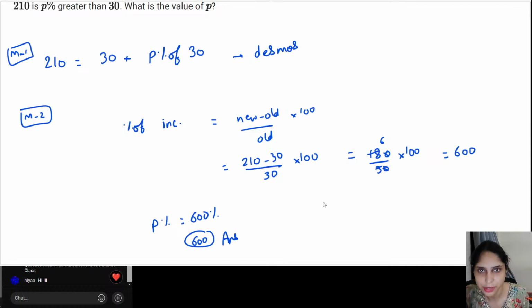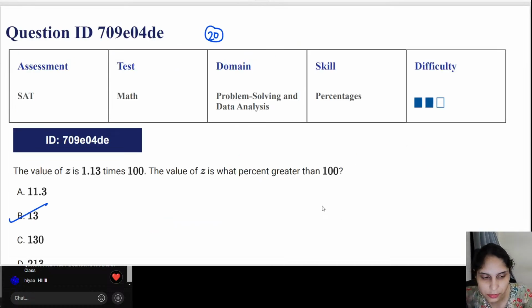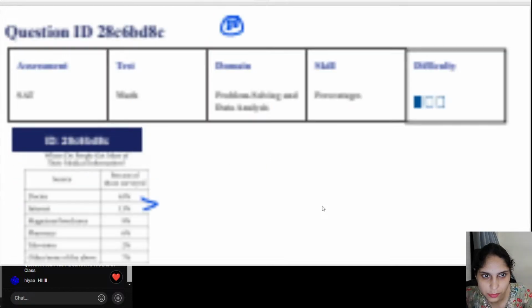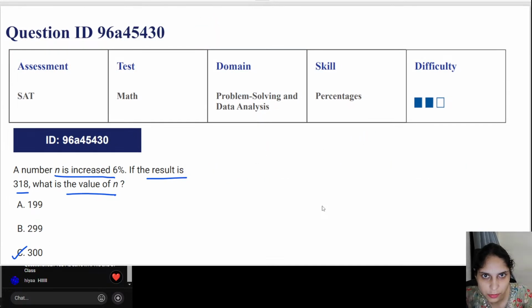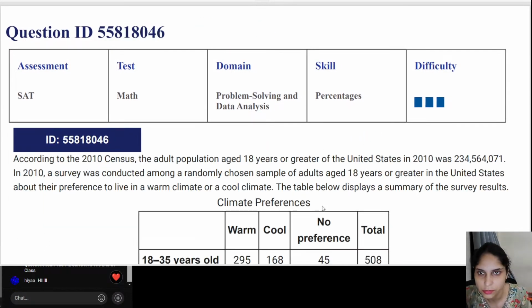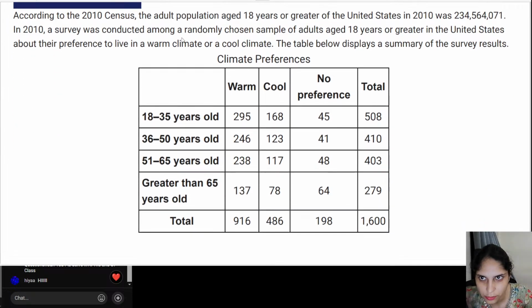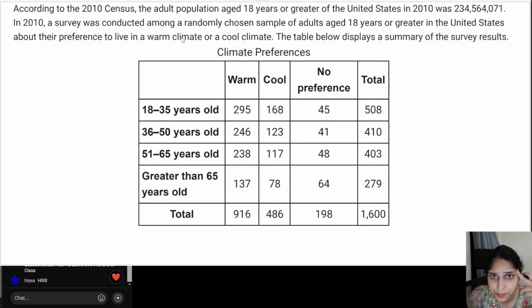Next is question number 30. Okay, according to the 2010 census, the adult population aged 18 years or greater in 2010 was this much, a very big number.